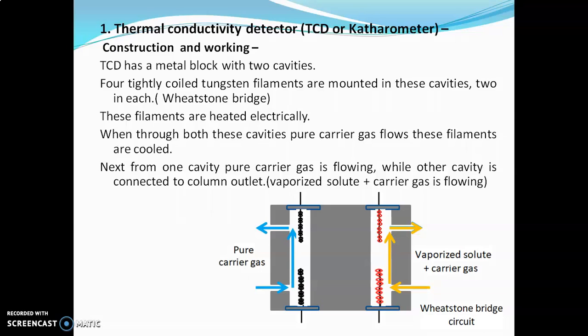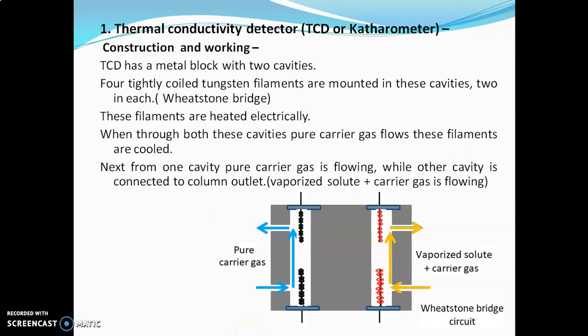As the filaments are heated, the current flowing through them is reduced because the relation between temperature of wire and current flowing through it is inverse. If the wire is heated, its resistance is increased and current flowing through it is reduced. So here in the second cavity, the current flowing through the filament is reduced. The difference between current flowing through these filaments is sensed by a sensor and we will get a chromatographic peak.